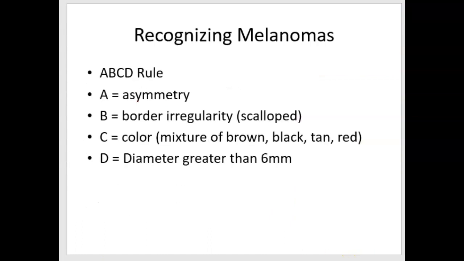So just to protect yourself, always get anything suspicious looked at and follow this rule, the ABCD rule. Look for asymmetry, meaning it's not a complete circle like a typical mole or freckle. Look at the border and see if it's scalloped.